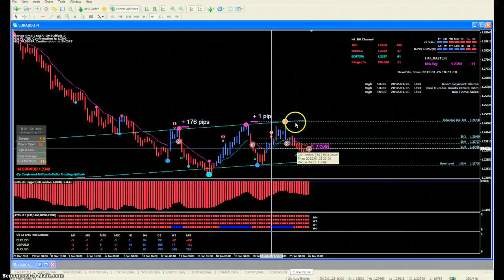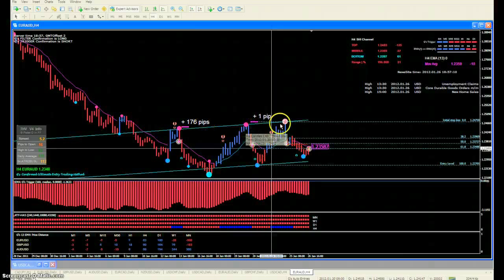The reason I decided to exit was that if you look at the actual swings, this channel here shows that the swings have been moving higher. So we've actually been having the price action trending upward, although we've had trades that have been coming short or coming down.